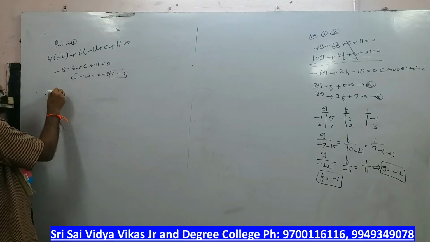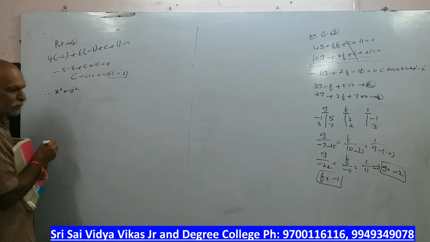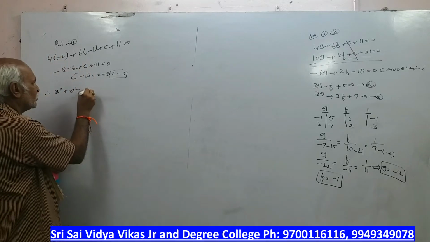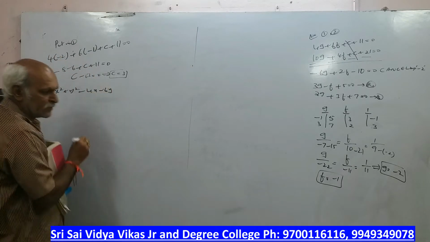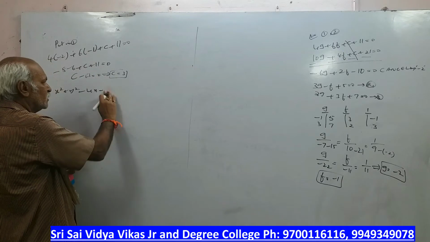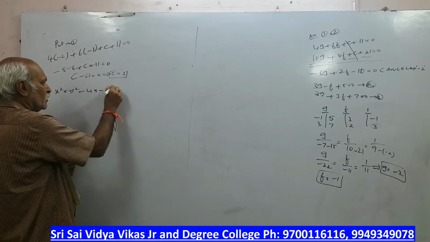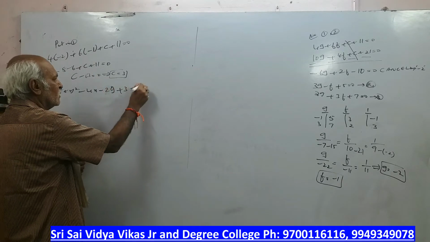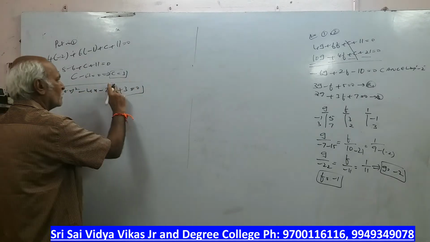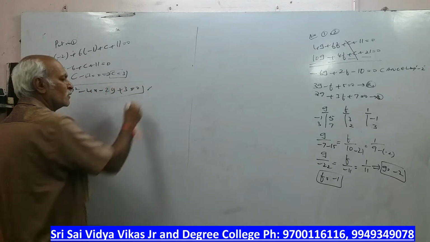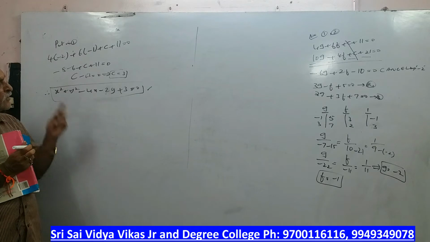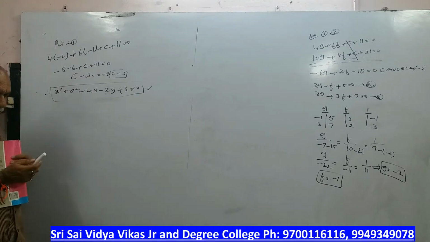Therefore, x square plus y square plus 2gx, so minus 4x, minus 2y because f value, y value we have to put, and c value plus 3 is equal to 0. Right? So three conditions, solving them. Okay, please note down.